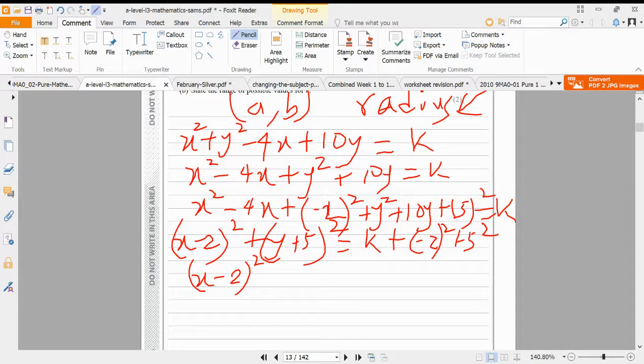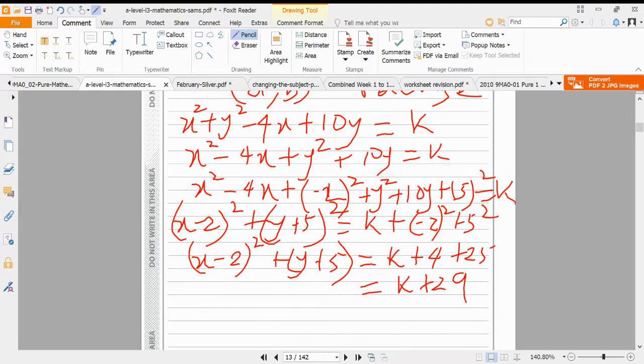Of course, you have a k there, so you need to be careful. Since there is a k, you don't know the value for k, but let's just proceed. So you have (y plus 5) squared equals k plus, this is minus 2 squared, 4, plus 25. So you can just say this is k plus 29.